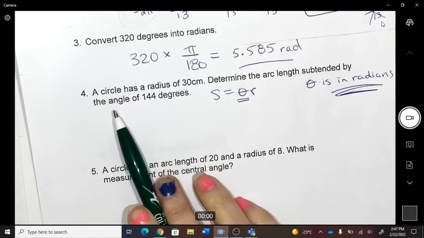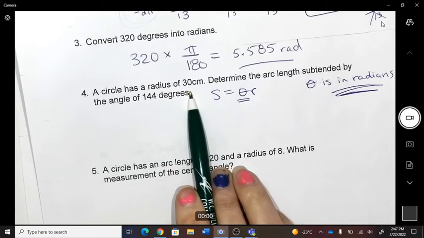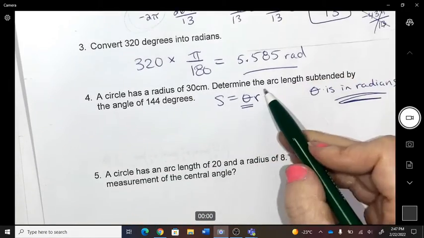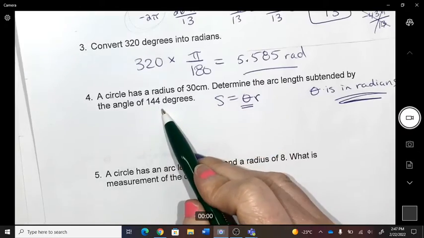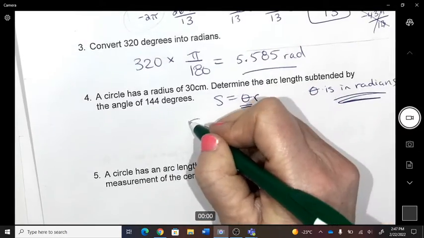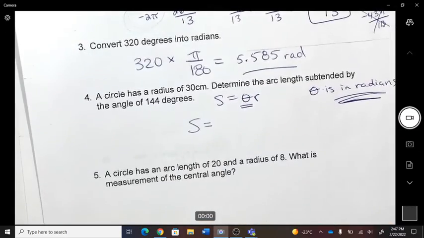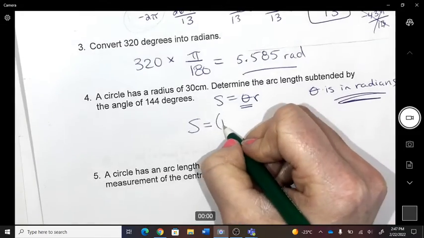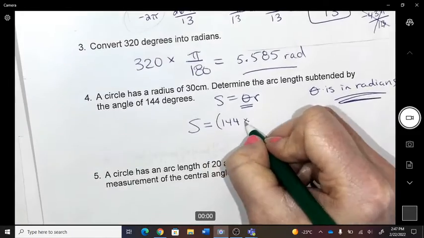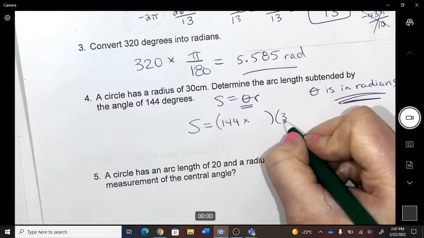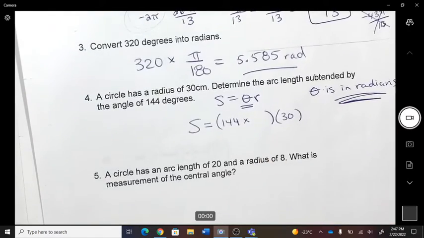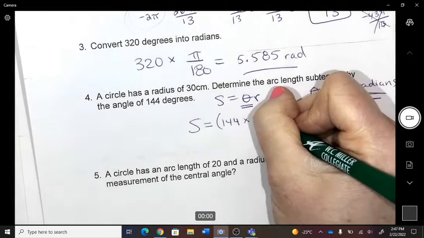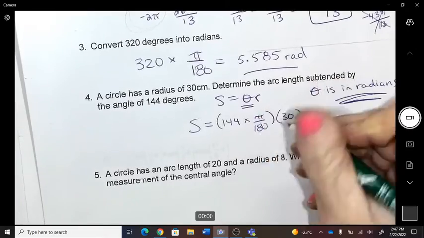So what do we have here? We have a radius of 30 and an angle of 144 degrees. What is the arc length? So I'm going to take the angle, convert it, and then times it by 30. I'm actually going to do everything in one step though. I'm going to convert and do the formula. So we know how to do the conversion.